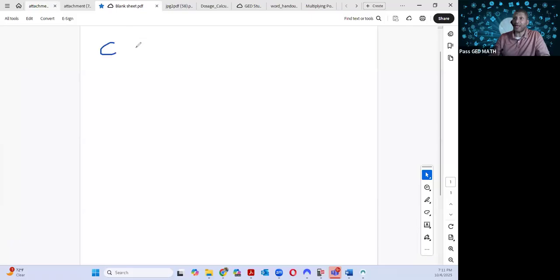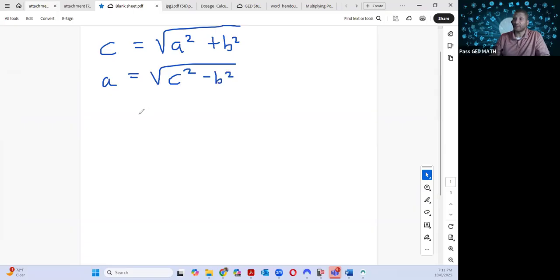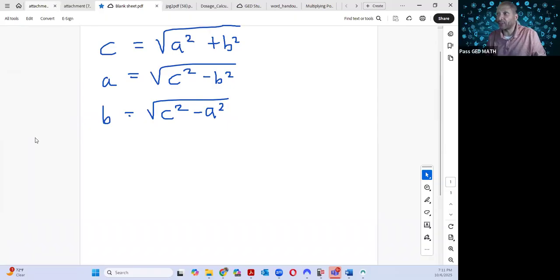If I'm looking for side C, I'm doing a squared plus b squared. If I'm looking for side A, I'm taking the square root of c squared minus b squared. If I'm looking for side B, I'm taking the square root of c squared minus a squared. What you also must notice is math is about patterns. When I'm looking for C, I added them.